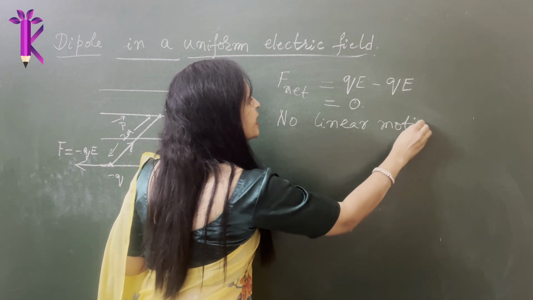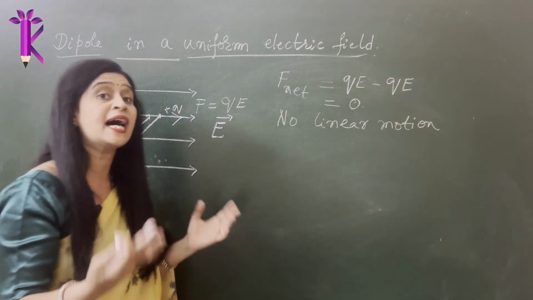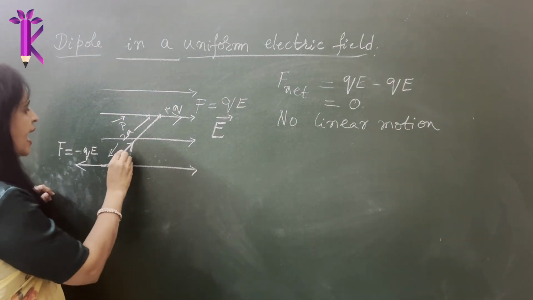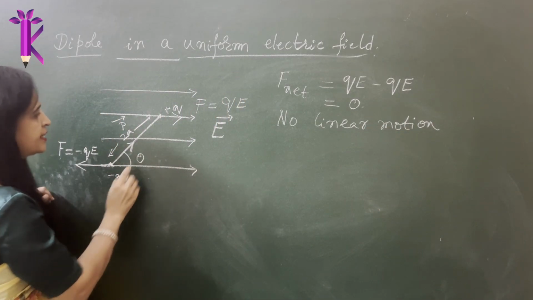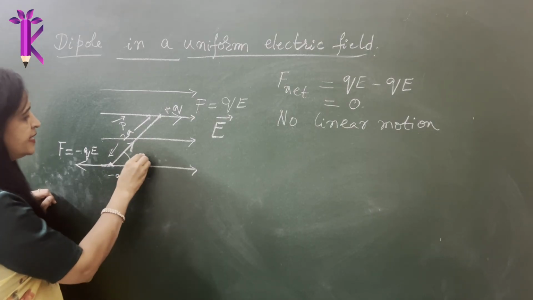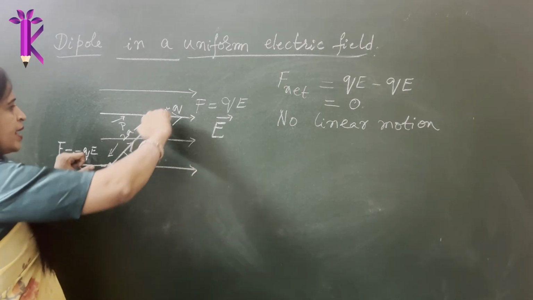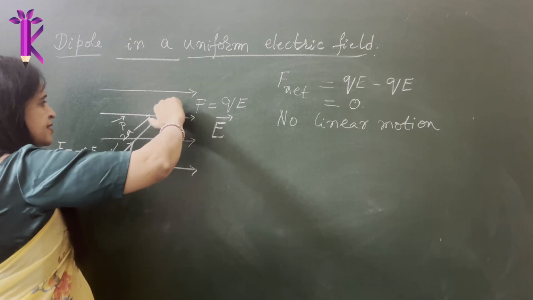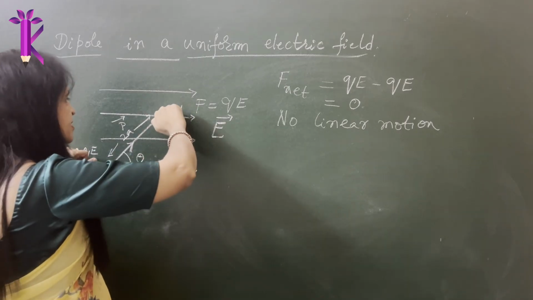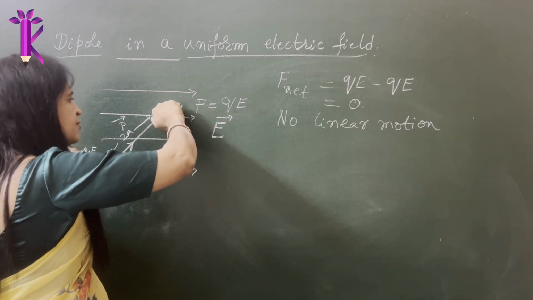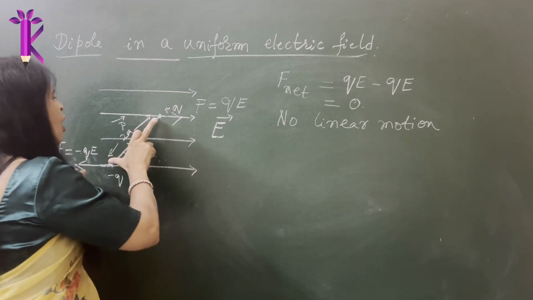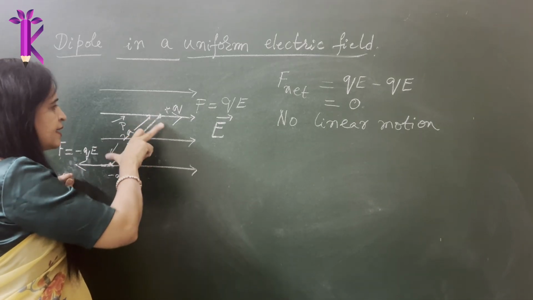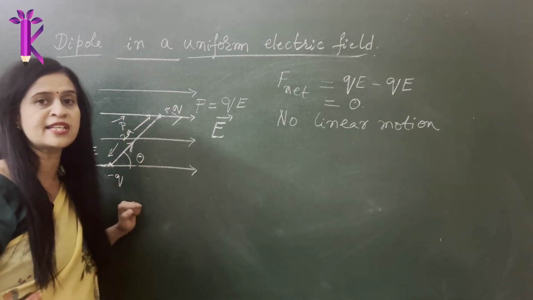So will there be any other movement? Let's see. So what is the angle that the dipole makes with the electric field? It makes an angle theta with the electric field. Imagine the dipole to be a stick, and if two people with equal strength are pulling in opposite directions, obviously it will tilt a bit, right? It will tilt and rearrange itself and come to a state of equilibrium.